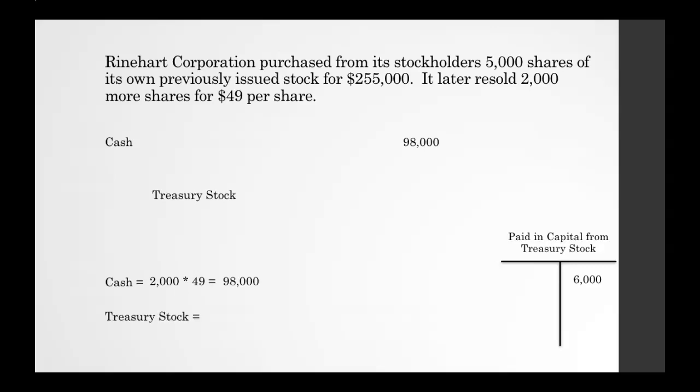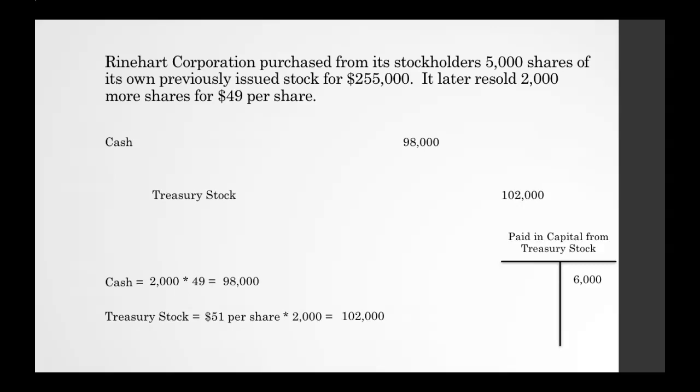Now, treasury stock, we already found that those were $51 per share, right? It always goes back to that $51 for this group of treasury stock. So 51 times our 2,000 shares, and we need to credit treasury stock once again for 102,000.